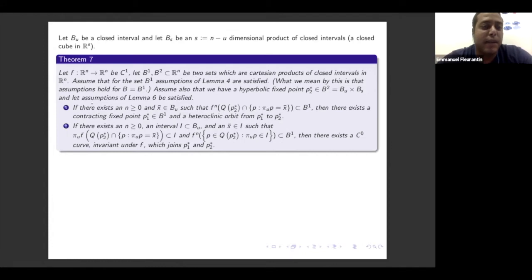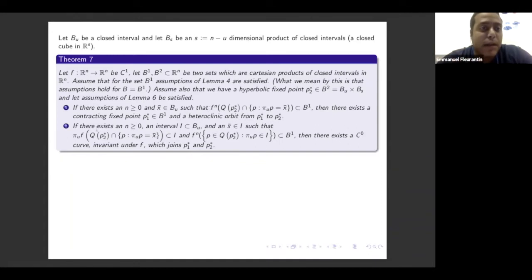Then if there exists an n greater than 0 and an x in B^u, such that any P in our unstable set in B^u, inside the cone attached to our hyperbolic fixed point, if we iterate it under our map n times and it gets caught in the basin of attraction of our fixed point, then there exists a contracting fixed point P1 star in B1 and a heteroclinic orbit from P1 star to P2 star. And in all our cases, F will be the Poincare map.